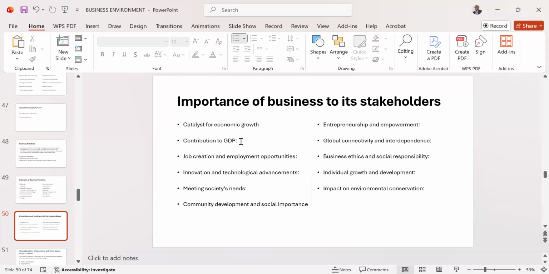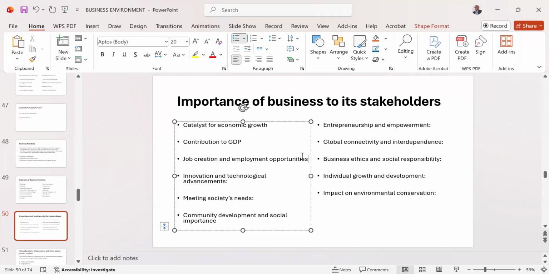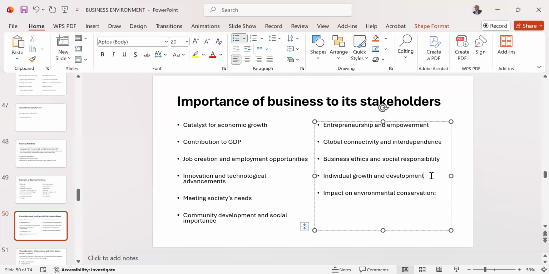Well, business helps the economy of a country at large, in the sense that through businesses they can provide employment, and provision of employment serves as income to those employees, and one way or the other, it helps in the economic growth of a country.